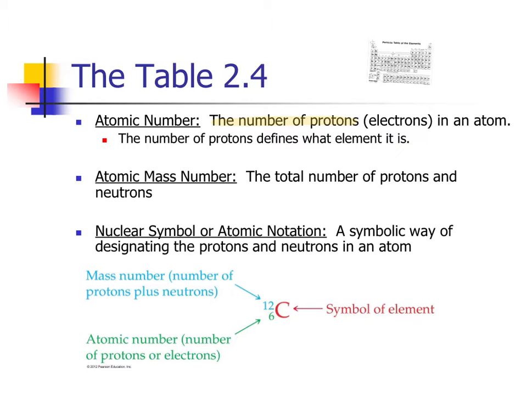We can gain electrons and become an anion, or lose electrons and become a cation. However, the number of protons defines what the element is. That is why the atomic number, the whole number, is the number of protons.